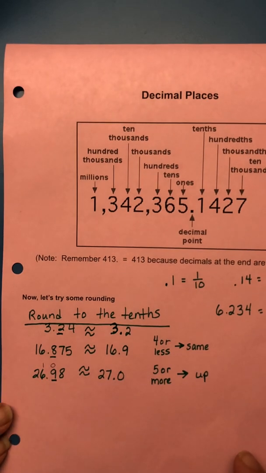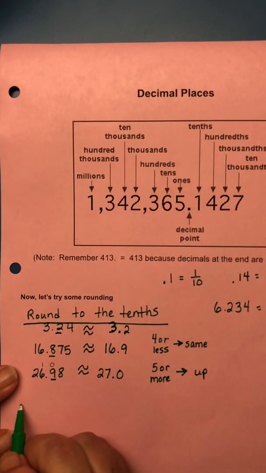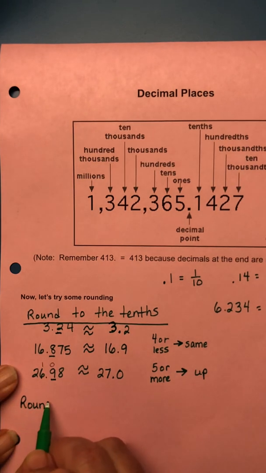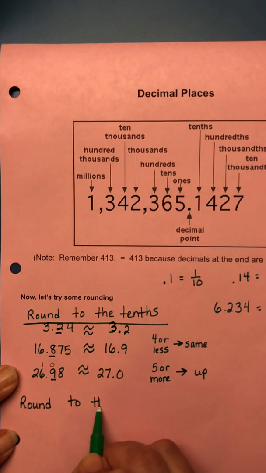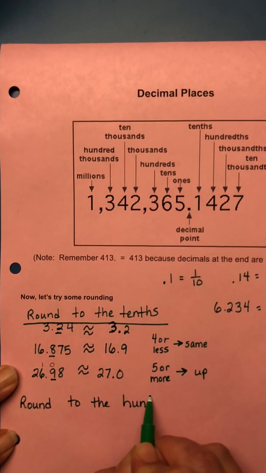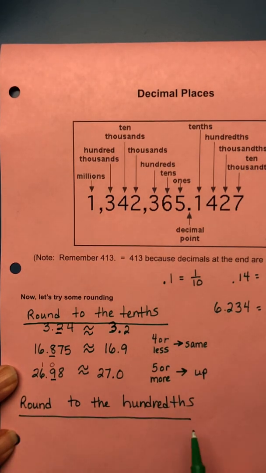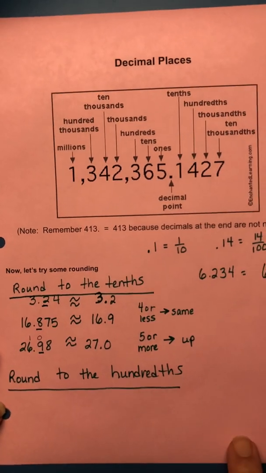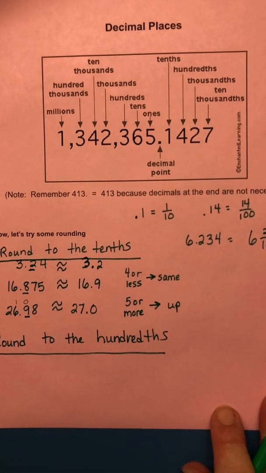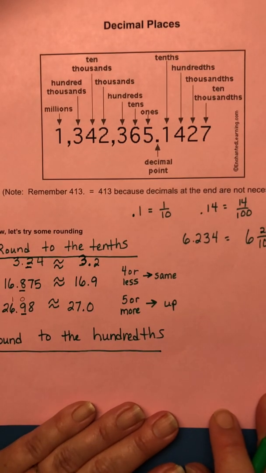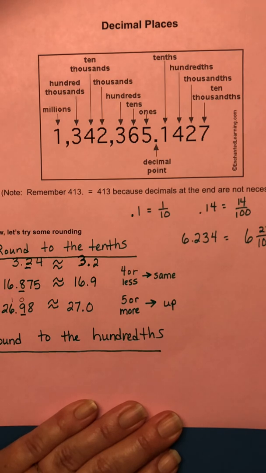Okay. Now, you may have to round to the hundredths. And let's take a look at that. Now, here is something that makes common sense, and once I tell you, you'll go, oh yeah, duh. But it's sometimes hard for kids to remember.